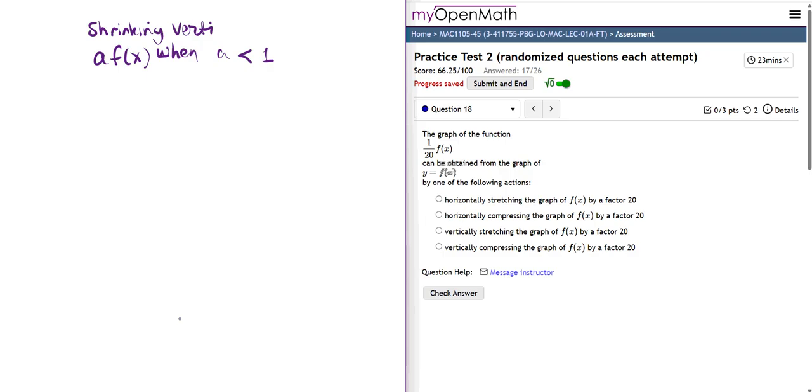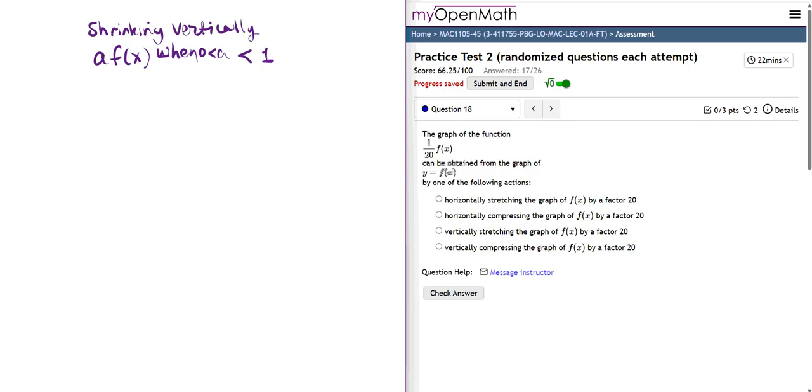You're taking your y values and making them smaller, because anything between 0 and 1, not going into the negative, because that would end up flipping it. This example is showing us a positive value that's less than 1, between 0 and 1.